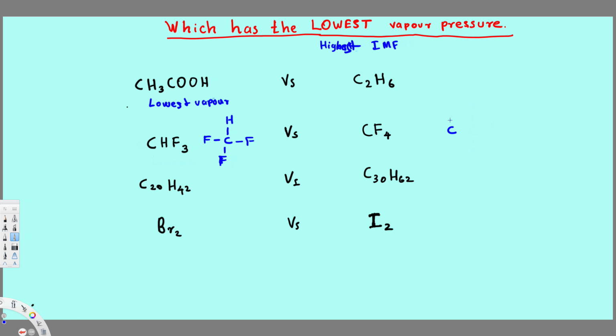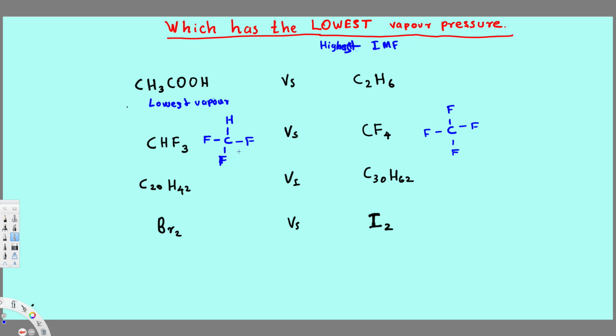If you draw the diagram of CF4, you will see this is symmetrical, right? All the four atoms are the same, therefore this is a symmetrical compound. If it's symmetrical, it's a non-polar molecule, therefore it's only going to have London dispersion force. But CHF3 has a hydrogen atom, so it is not symmetrical, because all the four atoms around the carbon are not the same.